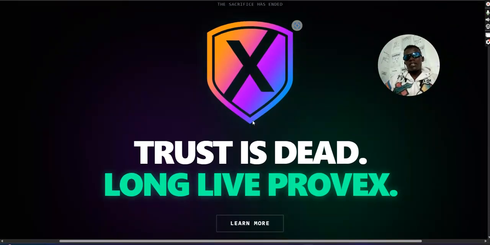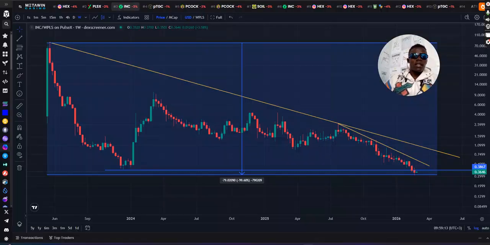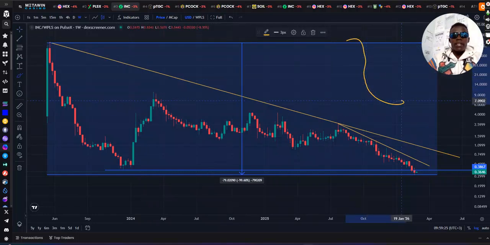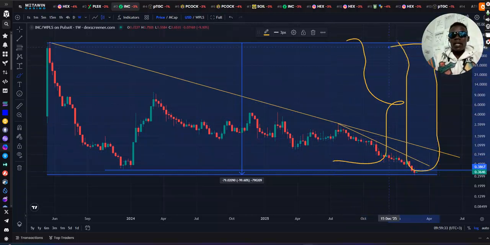Long live Provex. It's still coming, and that is what we are seeing, the massive liquidity that will be joining us soon. There's a lot of money, a lot of liquidity that will be coming our way. If you want to buy the dip, this period or any place between this area here, you can purchase and you will have bought the dip.